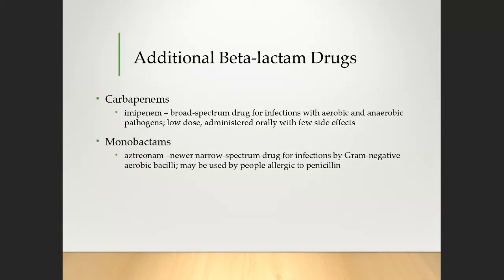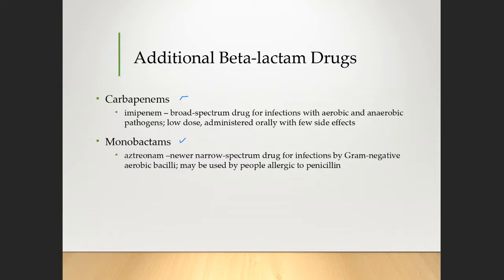Additional beta-lactam drugs like carbapenems and monobactams are also used mostly for gram-positive bacteria, because gram-positive bacteria have a thicker cell wall that usually becomes the target for these beta-lactam drugs. And again, remember, the cell wall of gram-negative bacteria is actually covered by an additional membrane, a lipoprotein membrane that sometimes protects them from this type of cell wall destroyer.